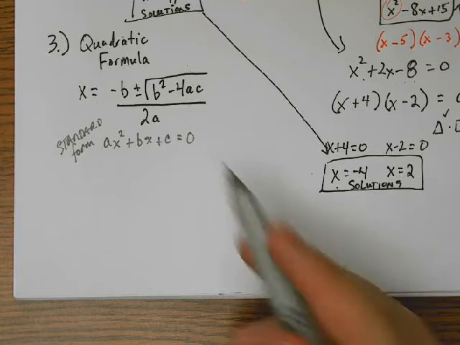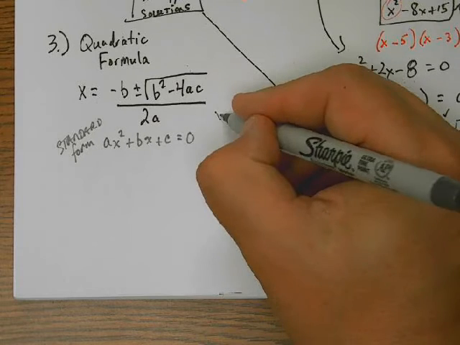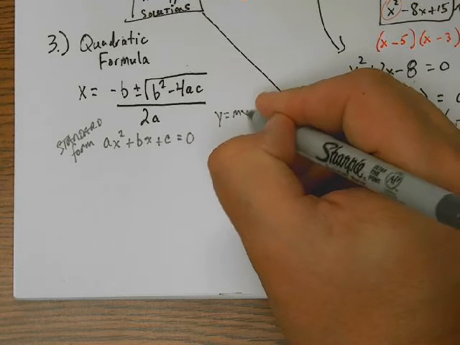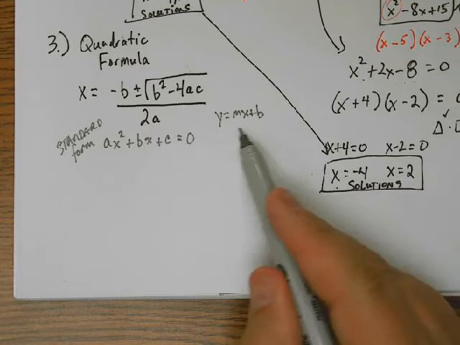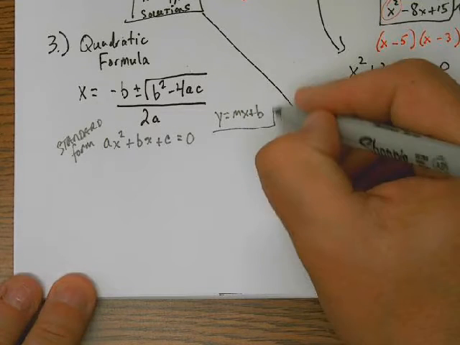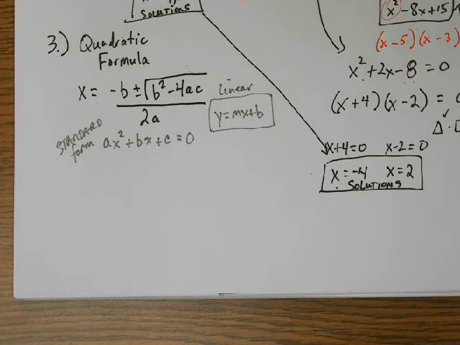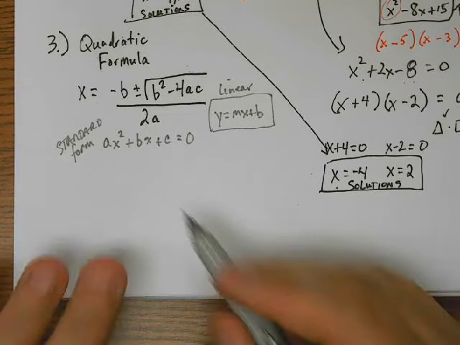Why is it a quadratic? Because it has an x squared term. It's not necessarily similar, but the same concept. What's this called? Do you guys remember that equation there? Slope-intercept form. That's the standard form for a line, or a linear equation. That makes sense? So it's like that.